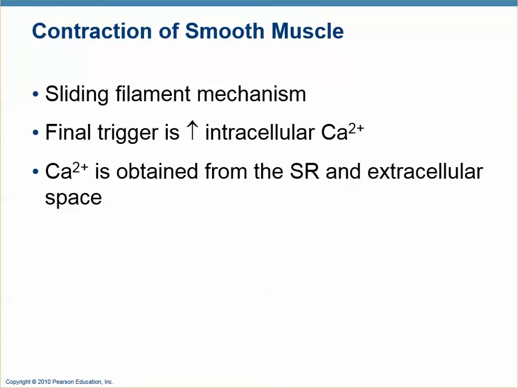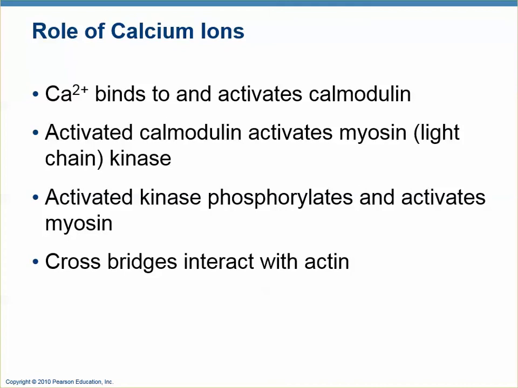But the contraction is still like the sliding filament theory. It's fundamentally the same thing, with myosin causing cross bridges to the actin molecules, a power stroke, and the filaments sliding past each other. Now, the calcium, like I said, instead of binding to troponin, binds to something called calmodulin. When calmodulin is activated by the calcium, it activates an enzyme called myosin kinase.